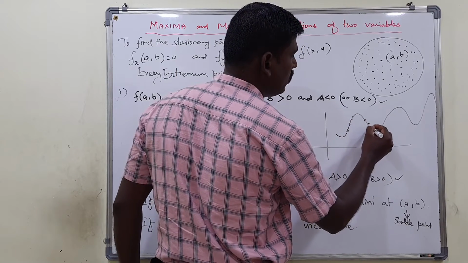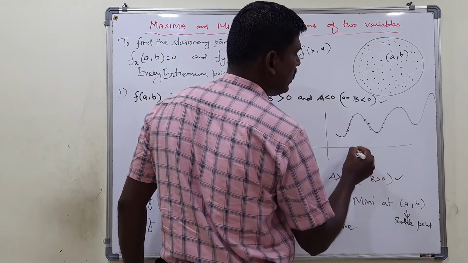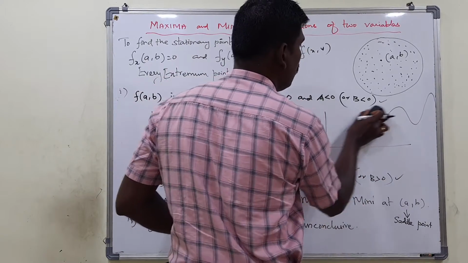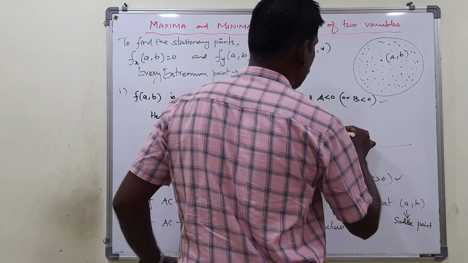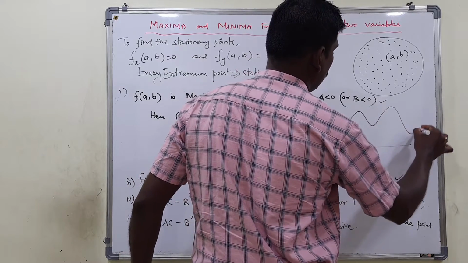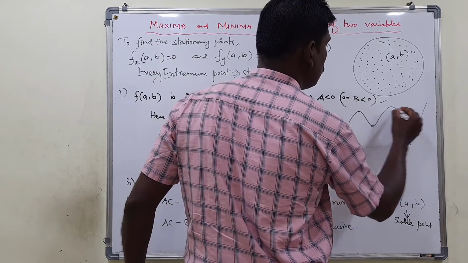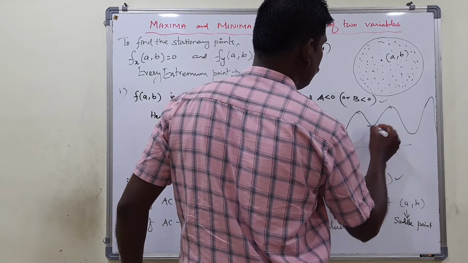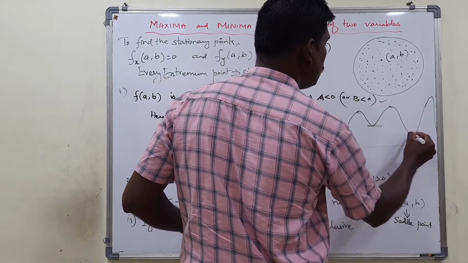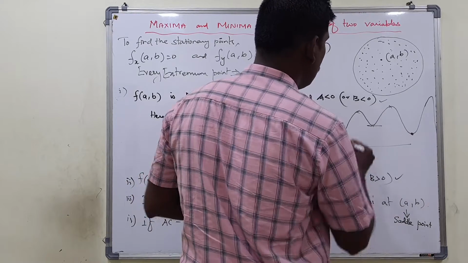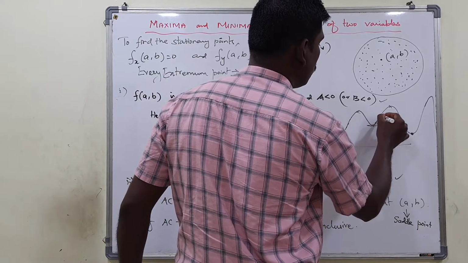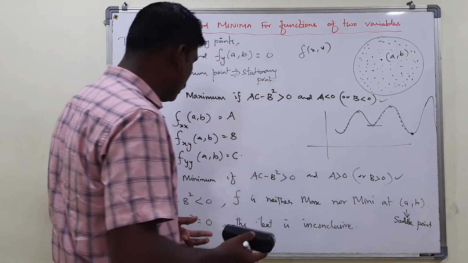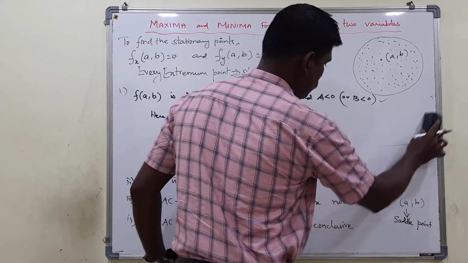All these points, f takes neither maximum nor minimum. Here this is the overall minimum. So all the other points, f takes neither maximum nor minimum. Such points are called saddle points.